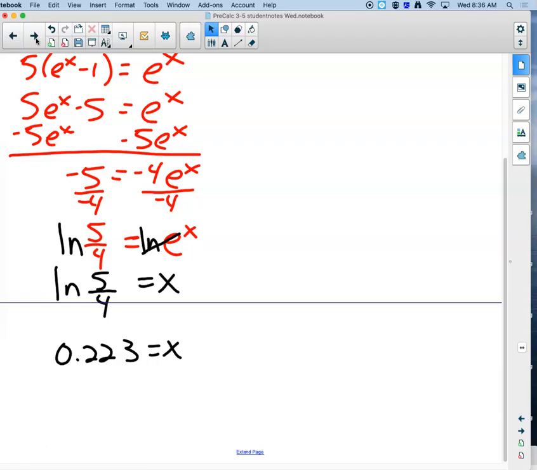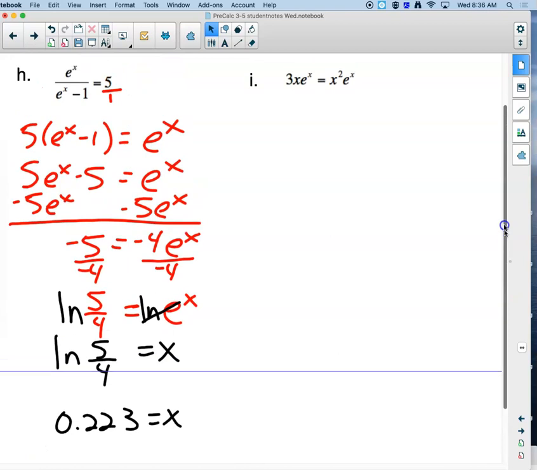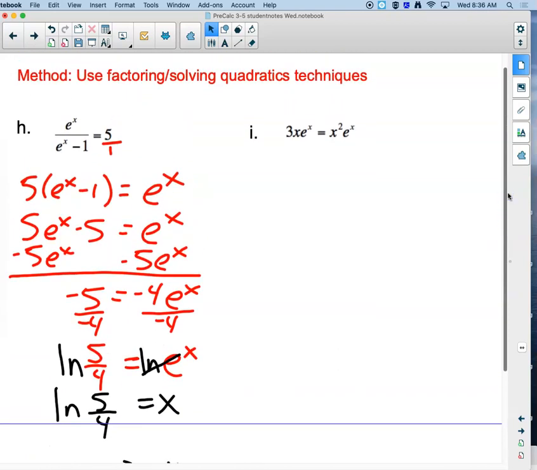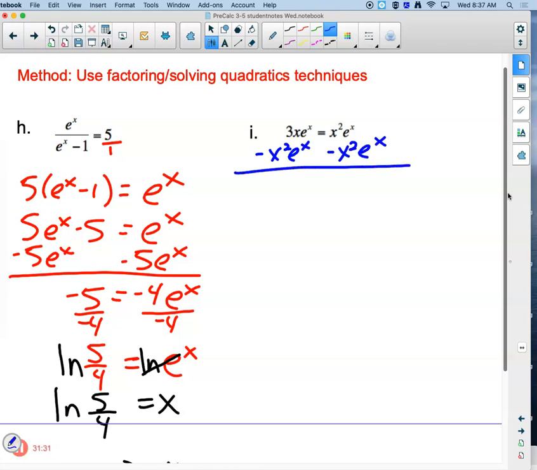All right, let's go back up. Again, we're supposed to think about using factoring to solve, thinking of quadratic techniques, which would be factoring. Well, it looks like we should move all that stuff over to one side so we can try and factor. So let's go ahead and subtract x squared e to the x.